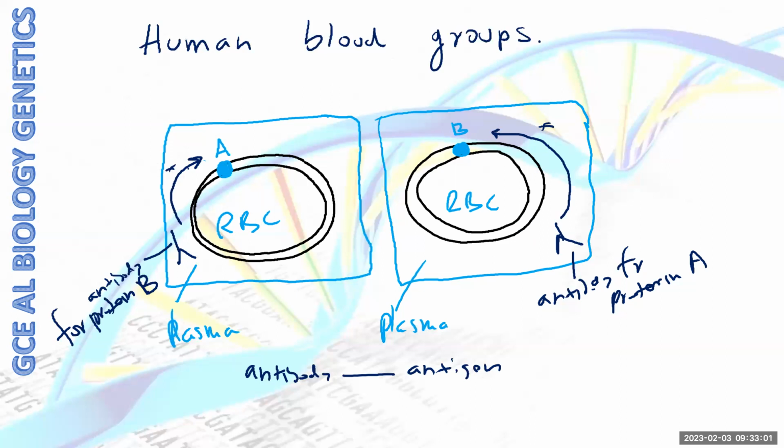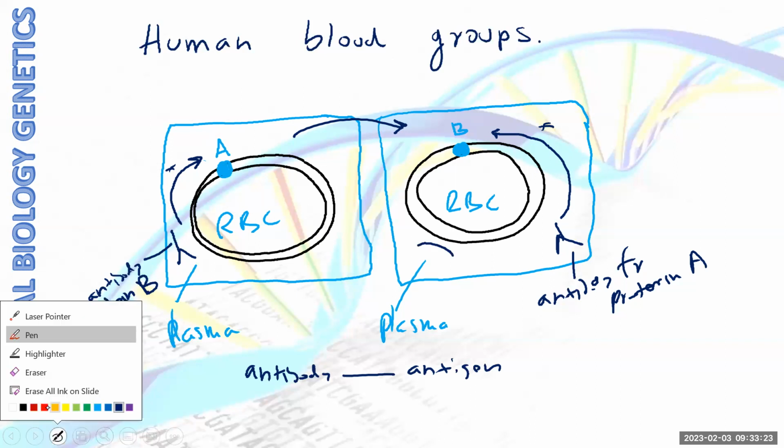But what happens if blood is donated from A to B, or B to A, whatever? Now this red blood cell is going to the other side. I draw this one in a different color.